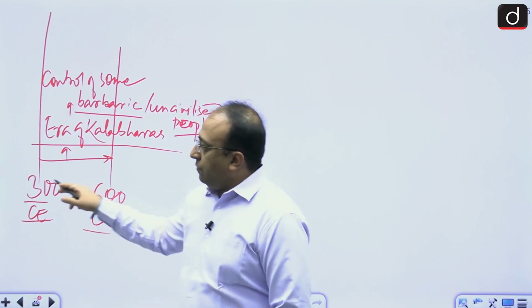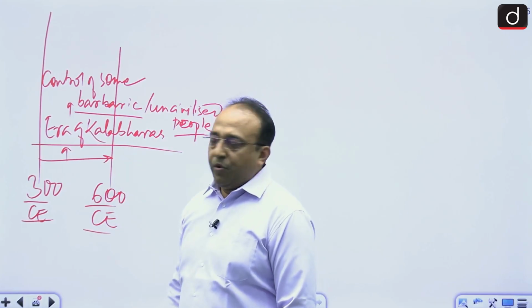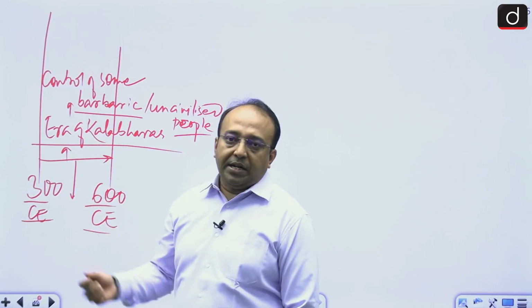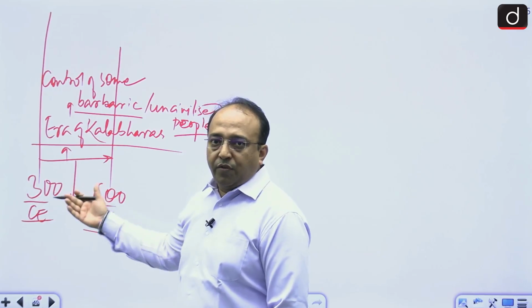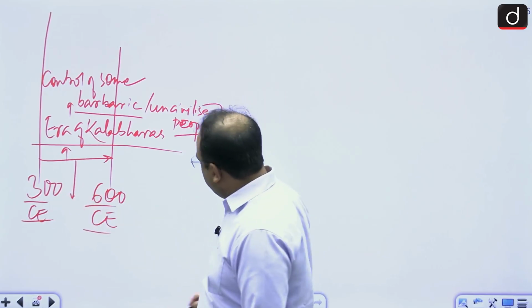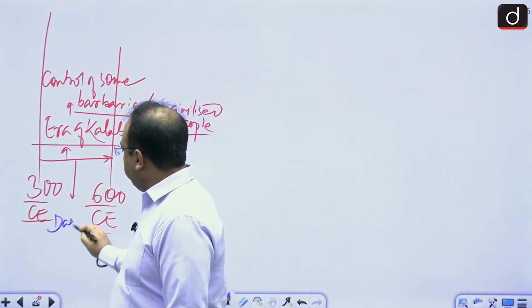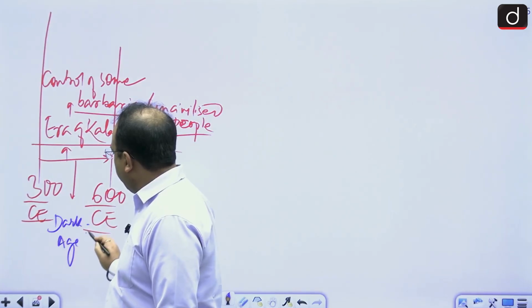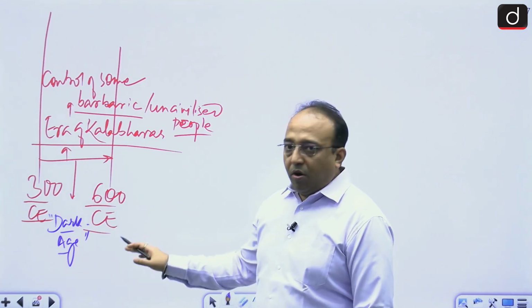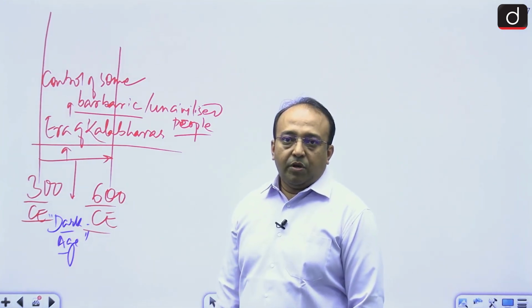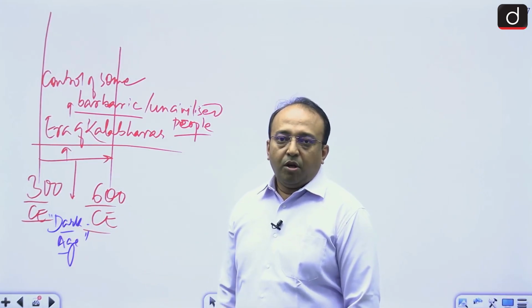This period of history of South India is called the era of Kalabharas by the historians, because we have less idea or almost no idea, no knowledge of what actually transpired in these 300 years of history of South India. Hence, some of the scholars have also rated this period as the era of dark age, because of the lack of information with the historians and scholars who work on the history of South India.